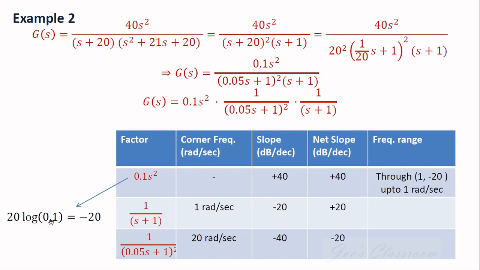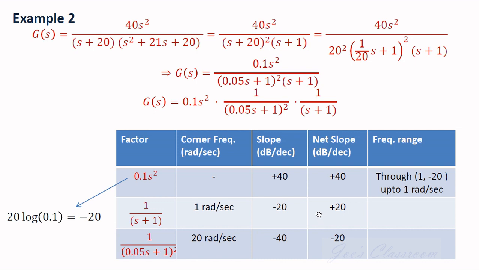So if I take the 20 log K for that, I will get minus 20. So that's what is written. So at 1 radian per second, the value is going to be minus 20 decibels, and this line is valid up to 1 radian per second.